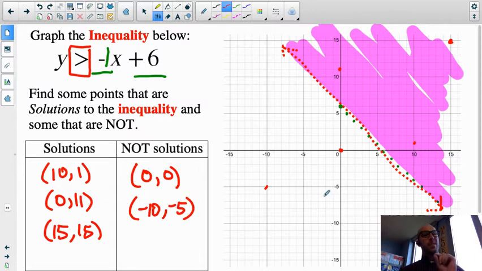And then particularly in this case, anything on this line is not a solution, right? And that's because we did not include the equal sign here. So I'm going to pick one of those. So let's see, this point right here is supposed to be on my line, and that's 1, 5. Because it's on the line, it is not a solution because it's not greater than this boundary. It's on the boundary, okay?